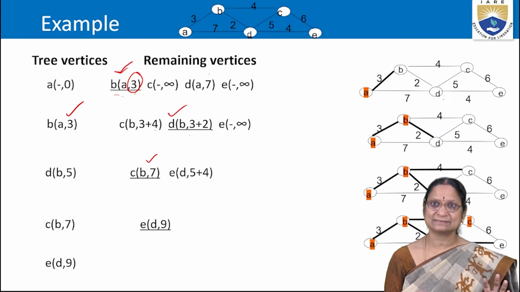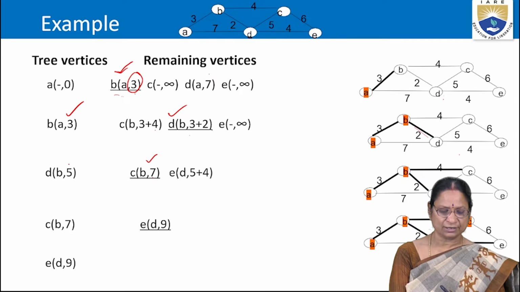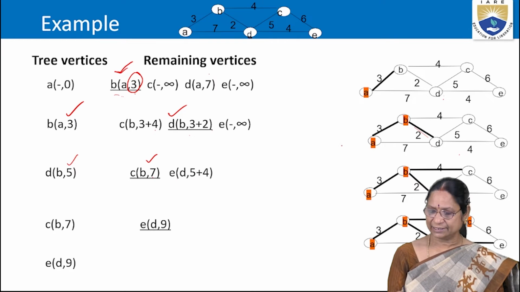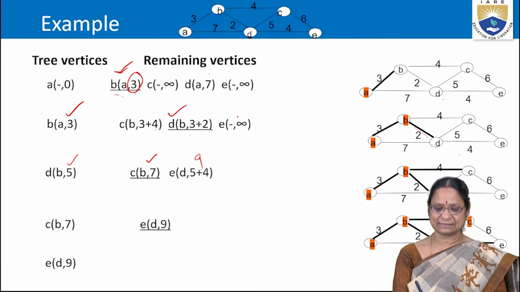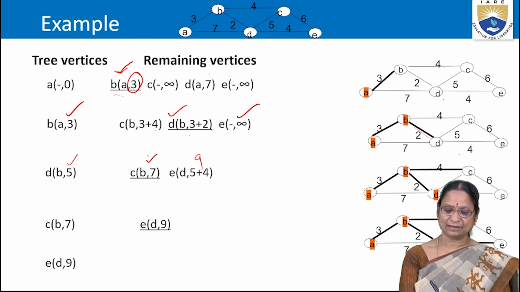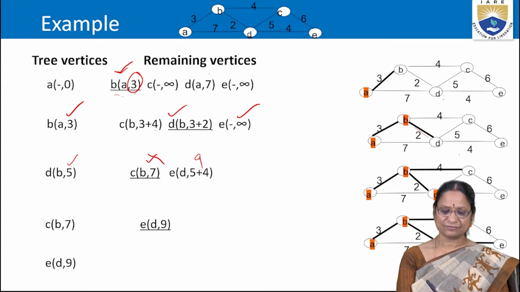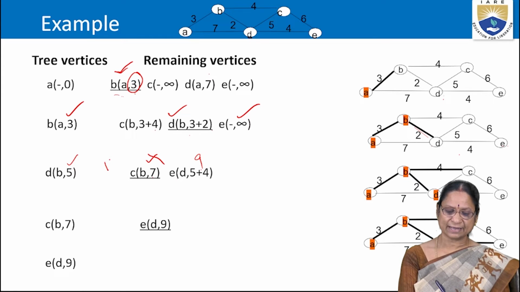So it remains as it is. Coming to E, D to E is 4. So up to D 5 is there and D to E is 4. 5 plus 4 is 9. 9 is less than the already existing weight of infinity. So this is updated but this is not updated. This is 7 but we calculated 10.